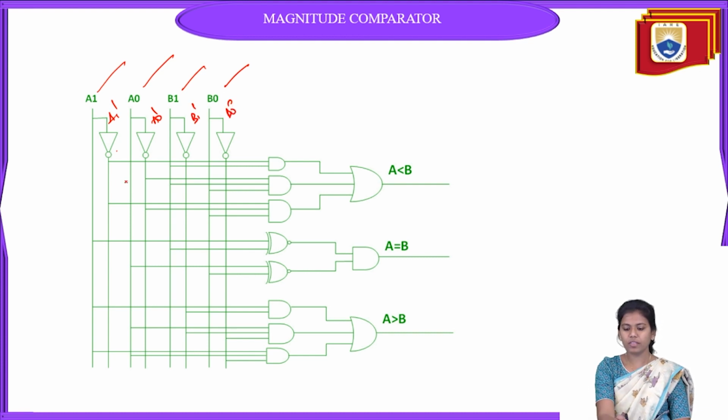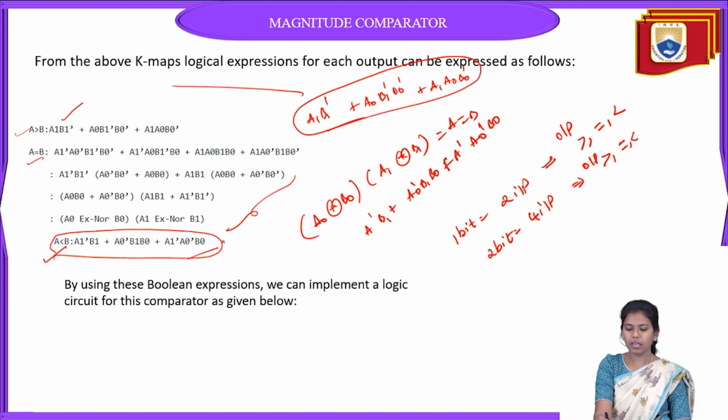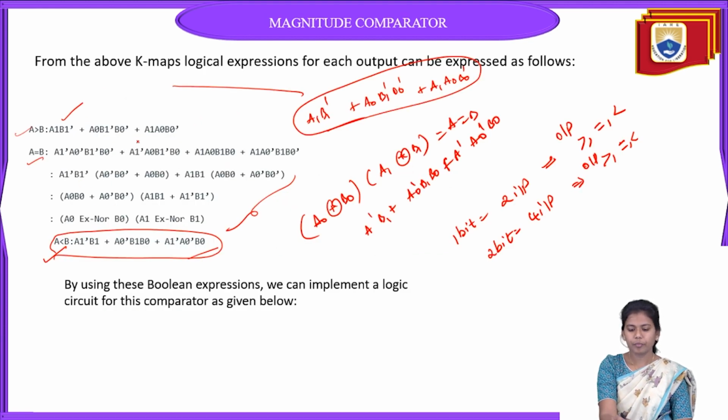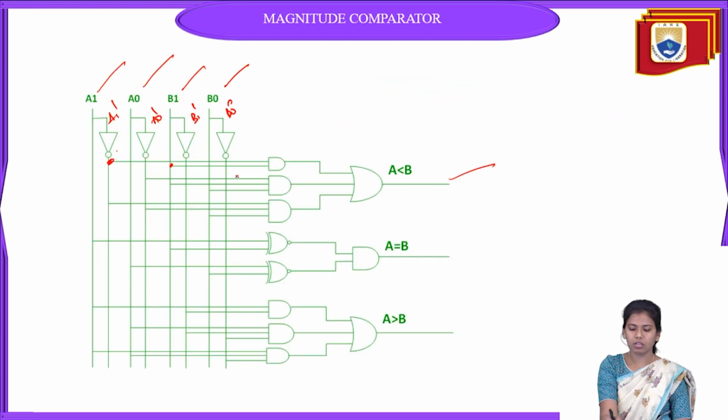With respect to A less than B, this is a combination: A1 bar and B1. What else? A0 bar, B1, B0.